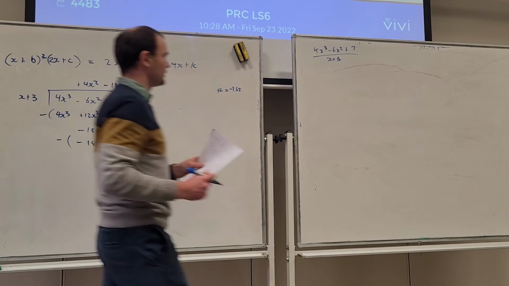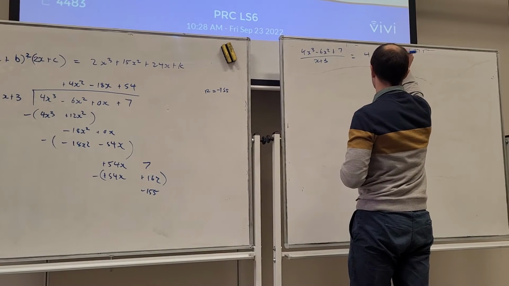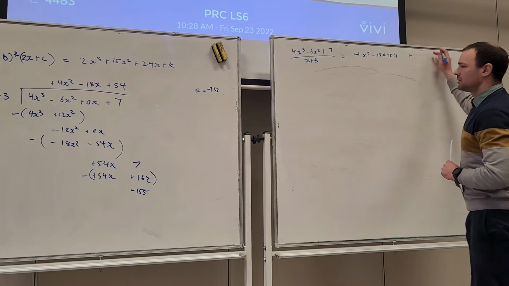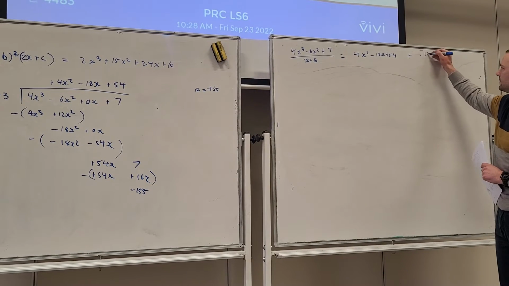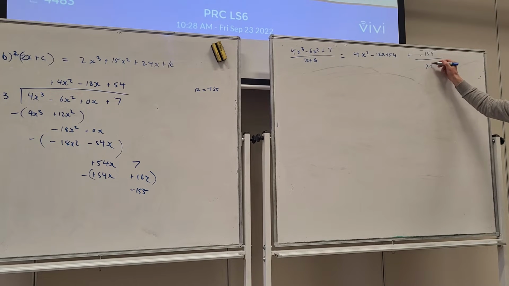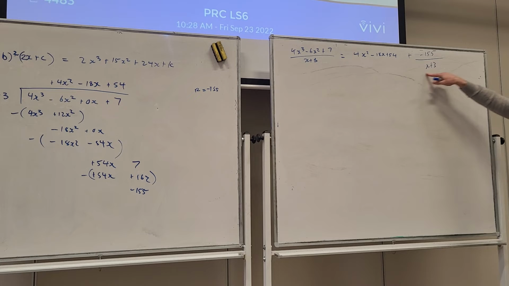So it's going to be equal to the quotient, 4x squared take 18x plus 54, plus the remainder, which is minus 155, and the remainder exists on top of the factor that we're dividing. Here's one way we can check if we've got the right answer. We can graph this, and we see that they generate the same function. That's going to verify that we've done it properly.